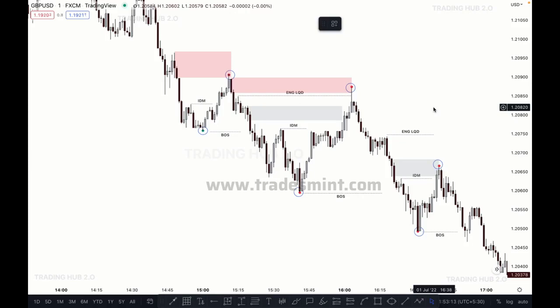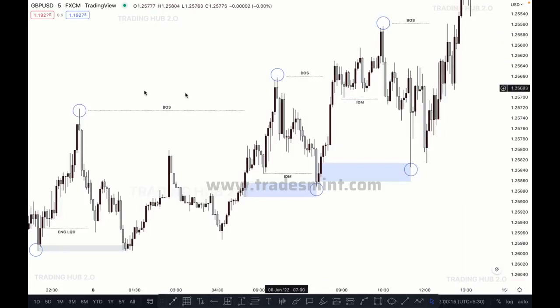Advanced liquidity means engineering liquidity, inducement and external liquidity. Let me show you a few more examples in a bullish market, how we can read it and how you can utilize it in your trading style. Let's see. All right, you can see here at the start, the first time the market taps on the engineering liquidity, which is the extreme zone to take a buy entry.